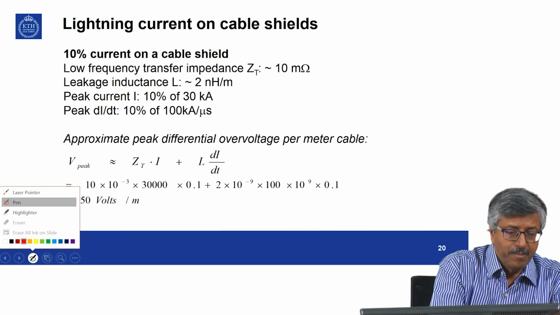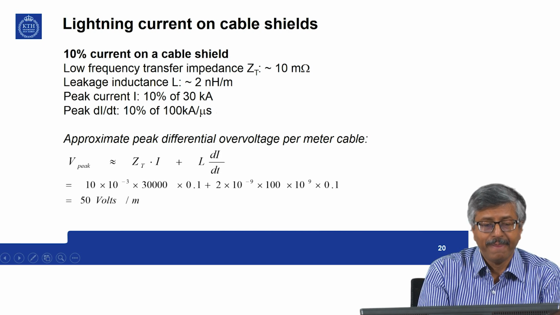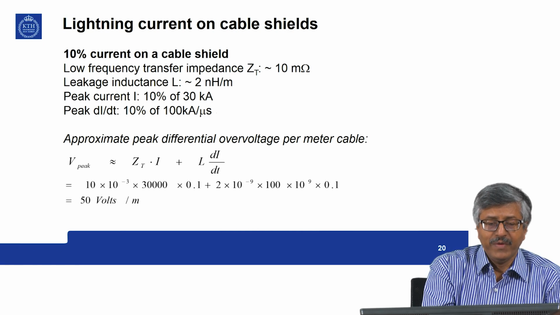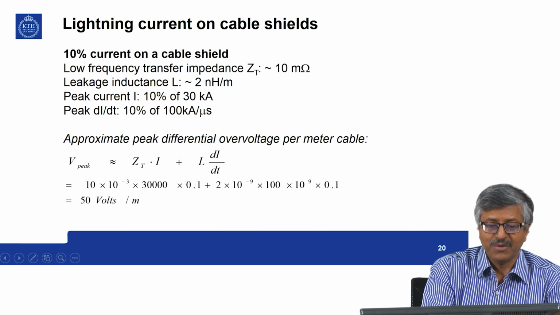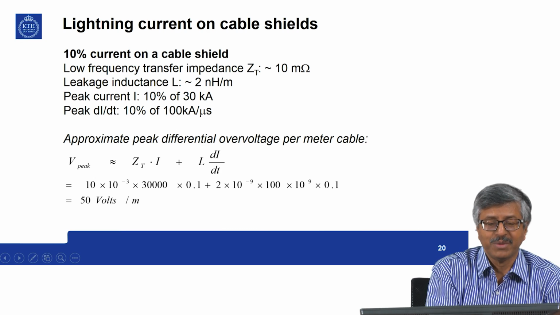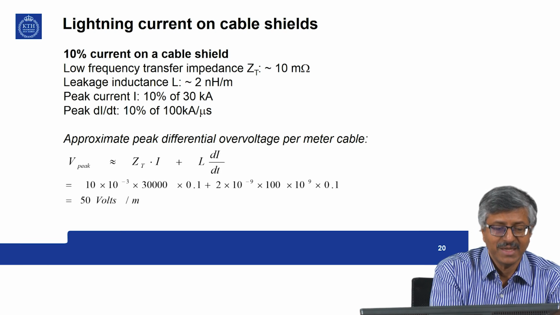Then take 10% of peak current and 10% of di by dt. Even though we cannot strictly add the resistive part and the inductive part, let us say approximately we add them and see how much voltage we get.